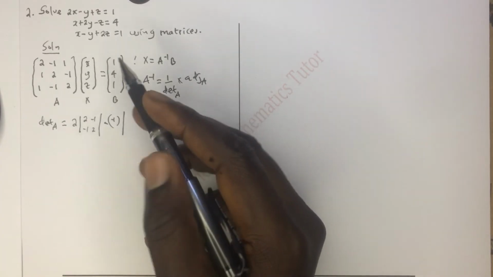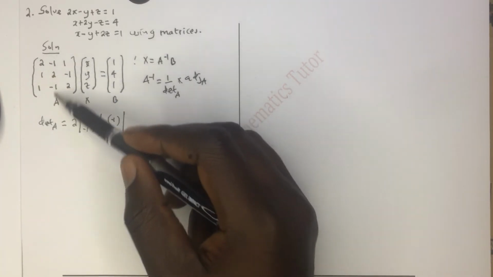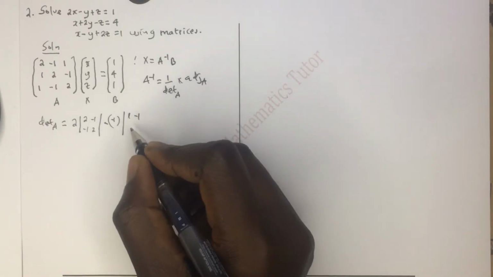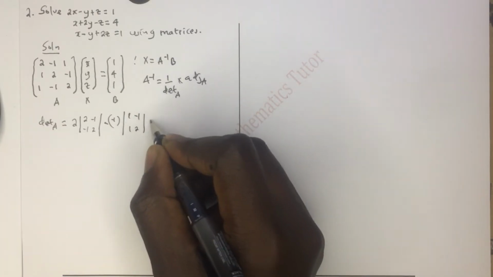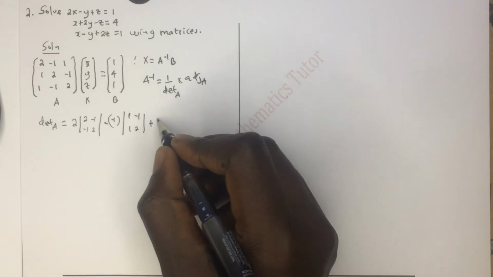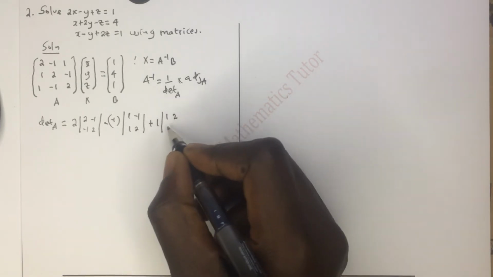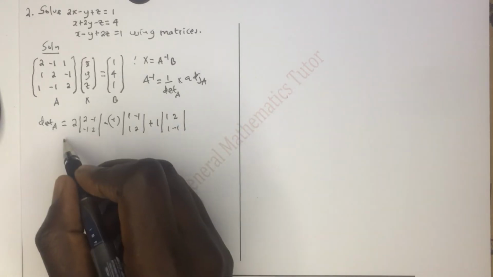When you cover its row and its column, you're left with 1, negative 1, 1, 2. Plus the third element, which is just 1. Cover its row and column, you're left with 1, 2, 1, negative 1. So you can work this out.